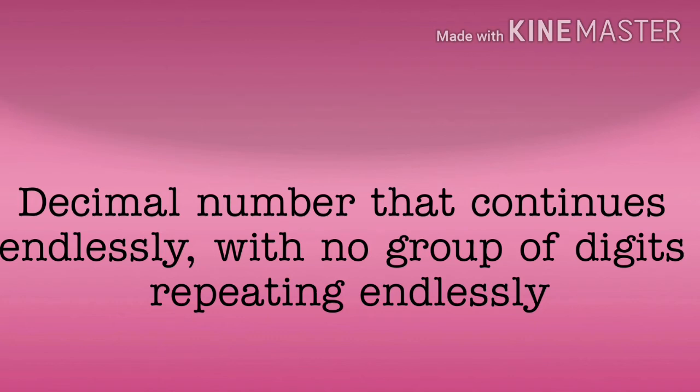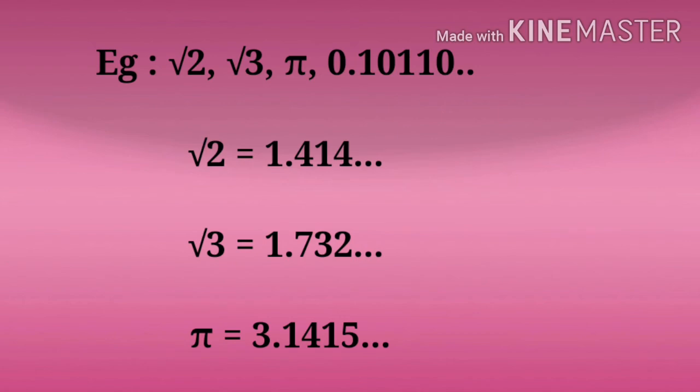Some examples are there. Root 2. You already studied square roots and all. Root 2, root 3, then pi. What is pi? Pi is related to circles.